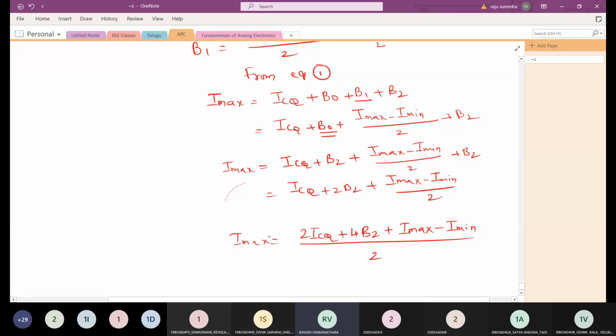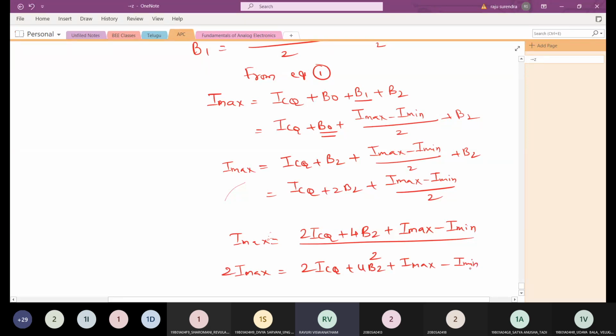Now calculate B2. So cross multiply: 2I max is equal to 2ICQ plus 4B2 plus I max minus I minimum.